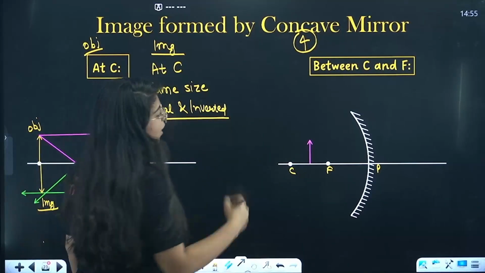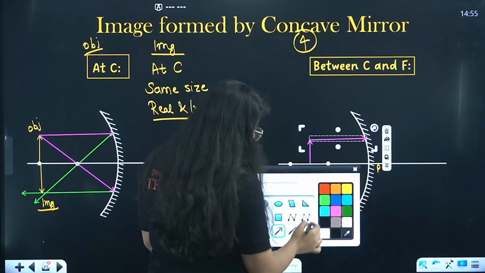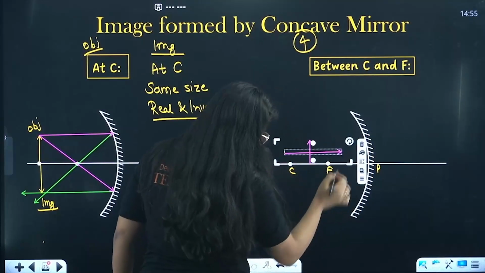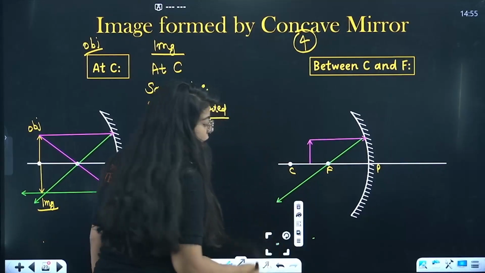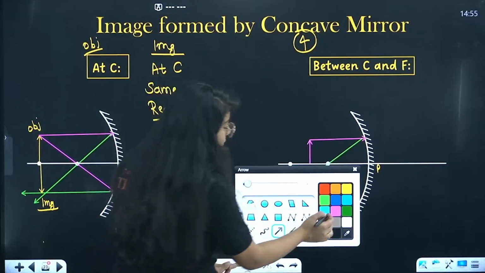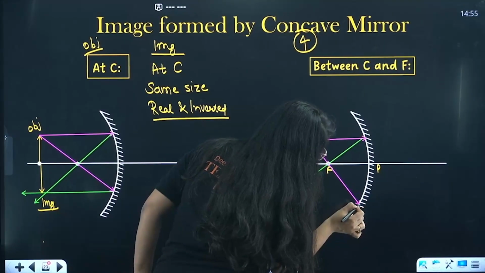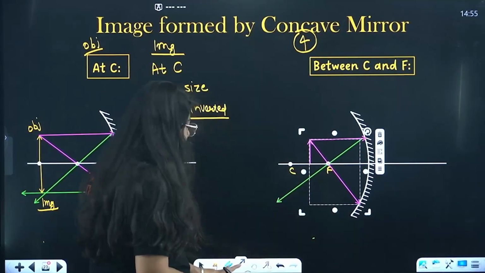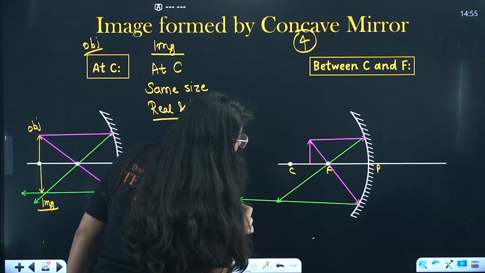Now what will happen? Again one ray will go parallel, and it will reflect back and pass through the focus, right? Then again one ray will go and pass through the focus, and we will see that after reflection it will go parallel to the principal axis.